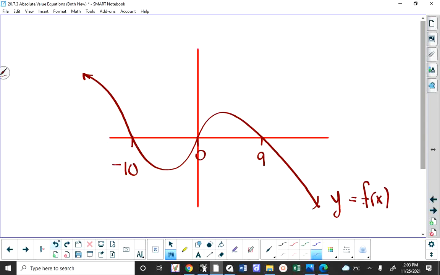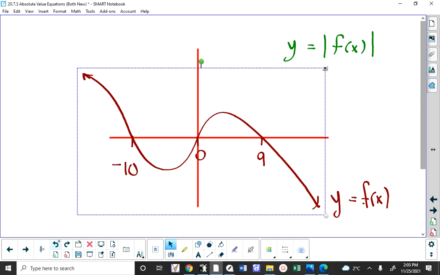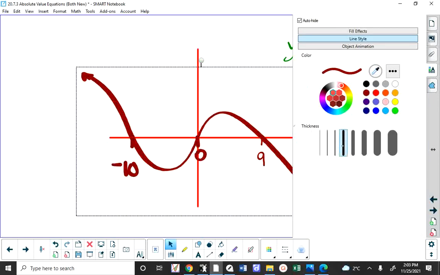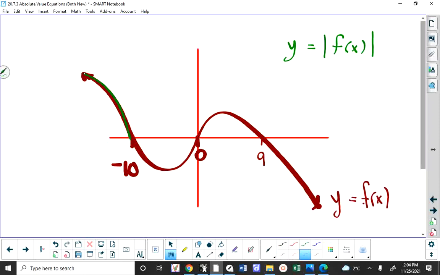If I were to sketch now y equals the absolute value of f of x, what we learned not yesterday but the day before yesterday is that the absolute value of f of x will look like this. This part up to here will stay the same because the absolute value is not needed.